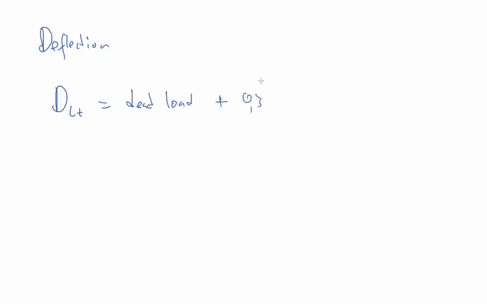And the long-term deflection, DLT, is equal to the dead load plus 0.3, which could change depending on what type of building, 0.2, I think, times Q. So GK plus 0.3 times Q is equal to DLT.